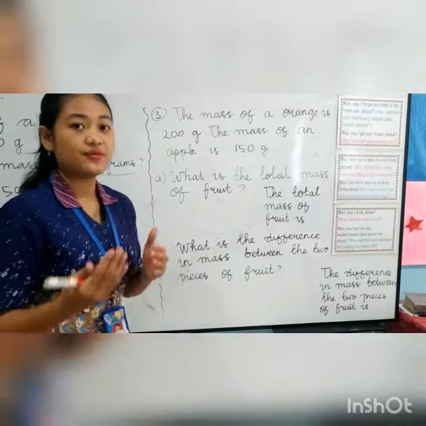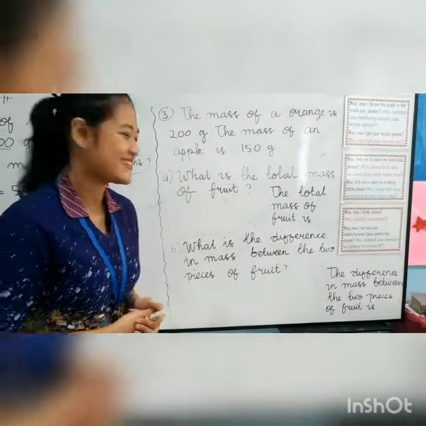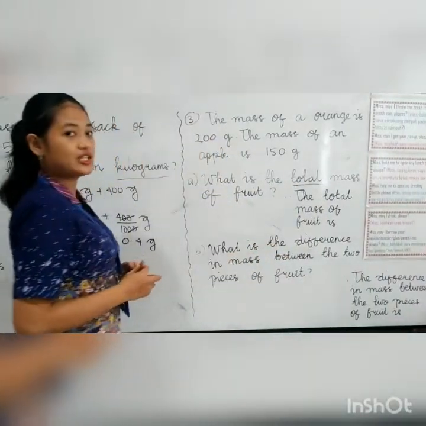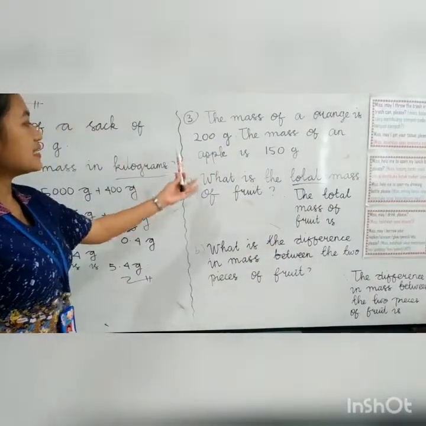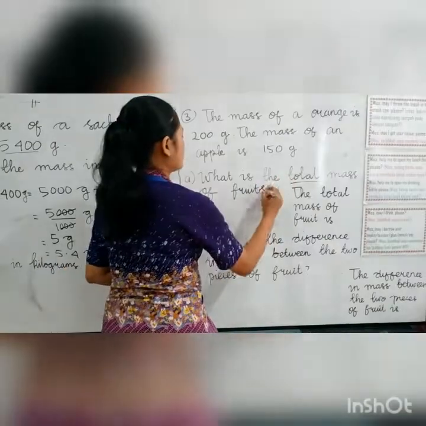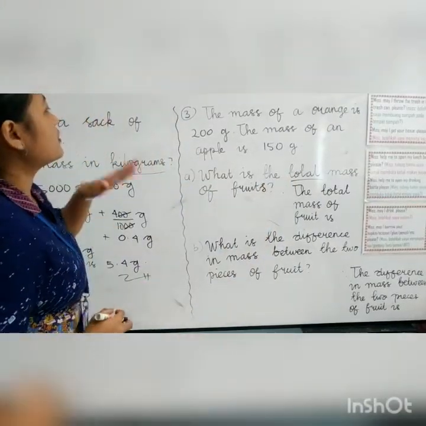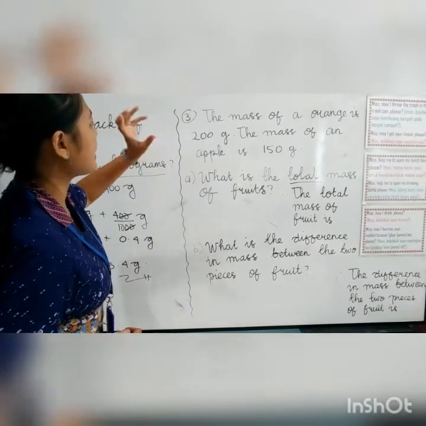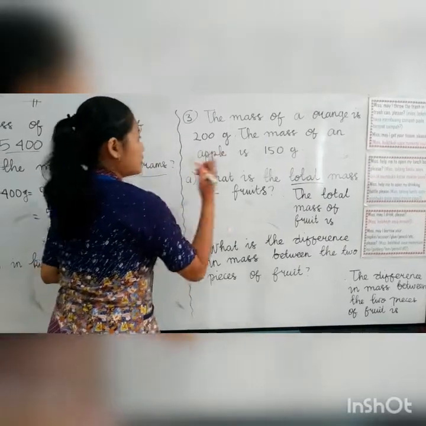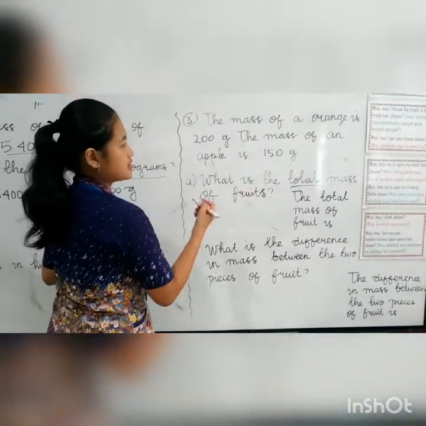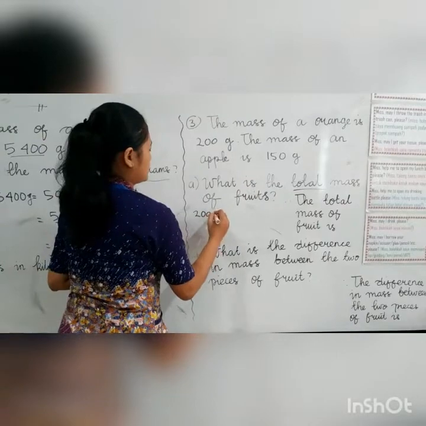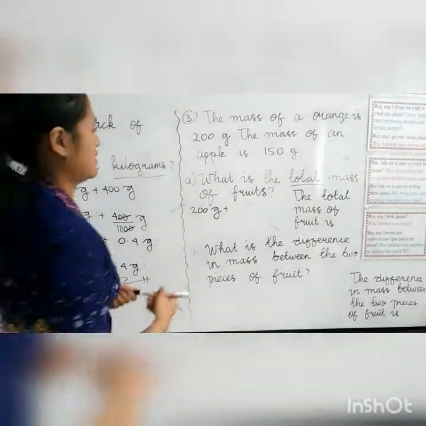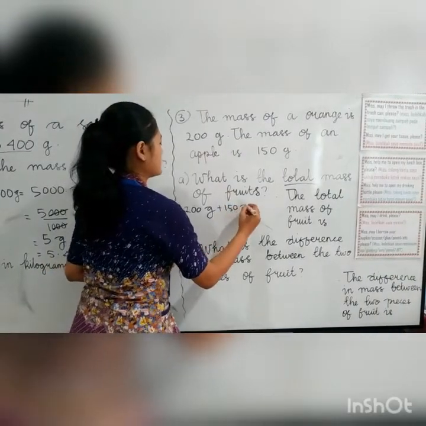Total. So it means we can use addition. That's right. If the question is total, we can use addition. For the fruits, we can total the mass of the orange and the apple. How much is the mass of the orange? 200 grams. Plus, how much is the mass of an apple? 150 grams.